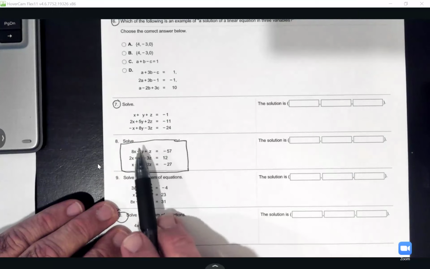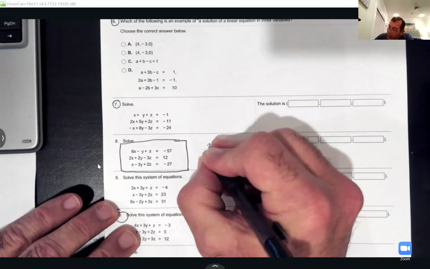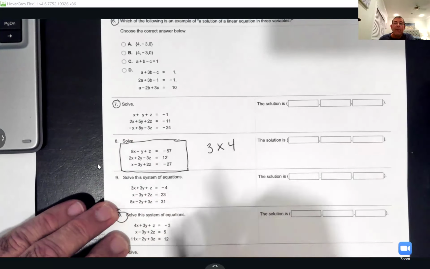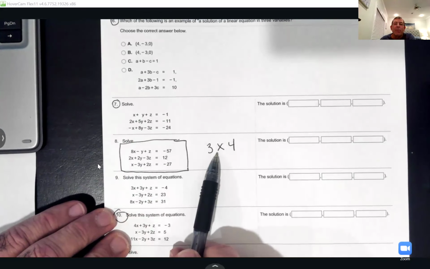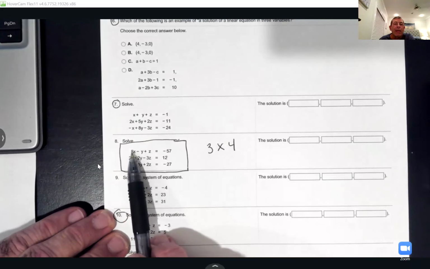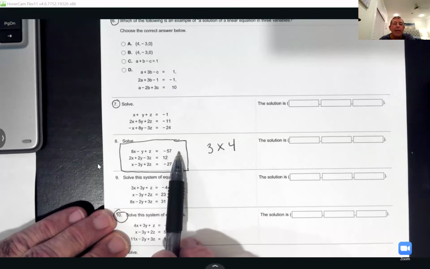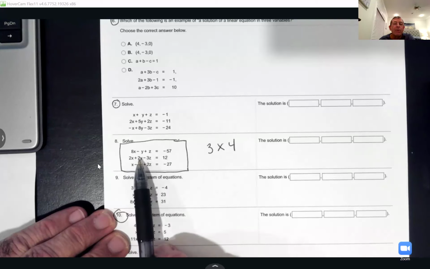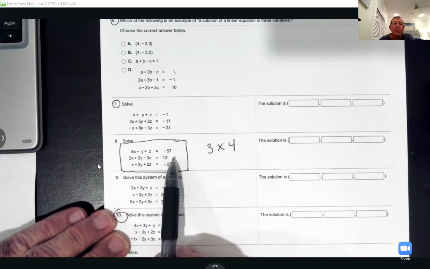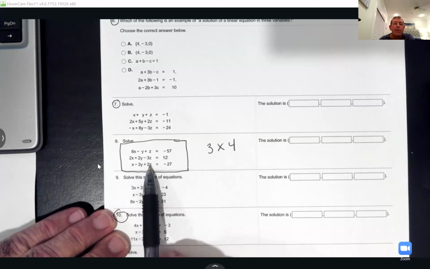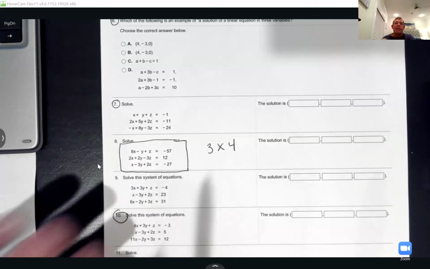So I got 3 rows by 4 columns. So I'm going to go on my calculator, and it's going to be a 3 by 4. Now remember, on the calculator, I'm going to put in an 8, negative 1, 1, negative 57, 2, 2, negative 3, 12, 1, negative 3, 2, negative 27.